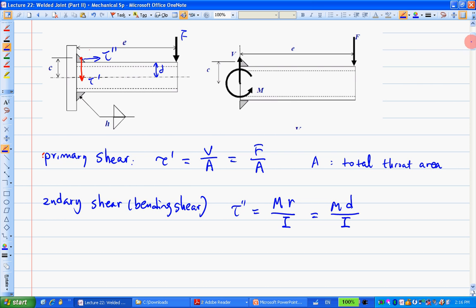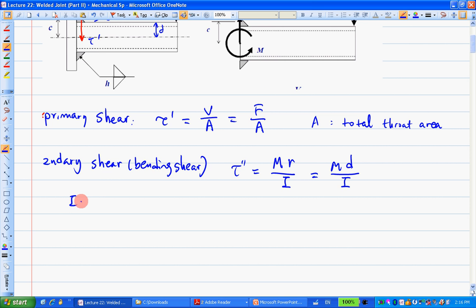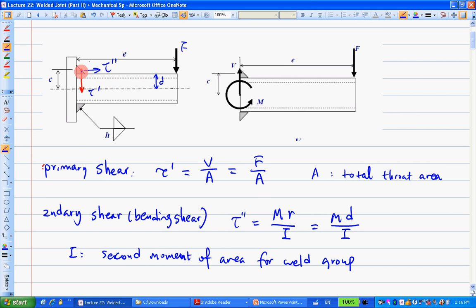The I here represents the second moment of area for the weld group. For the weld, meaning here's the weld. What does the geometry look like for the weld?